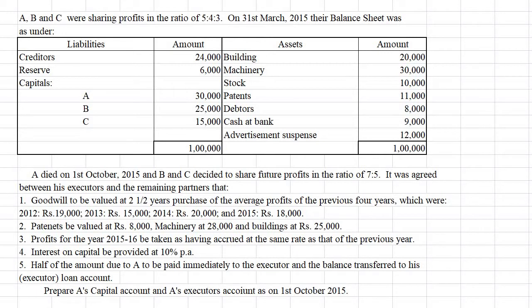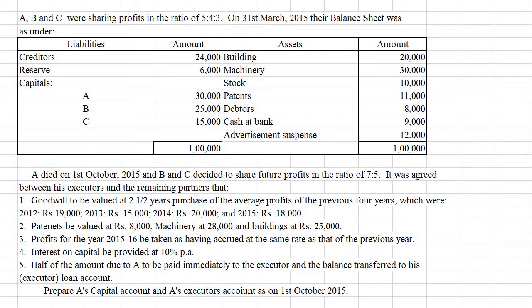Then profit for the year 2015-16 be taken as having accrued at the same rate as that of the previous year. That means 2015-16 profit will be the same as last year's profit. Last year's profit we have 18,000 rupees, along with the 4 years profit. Then interest on capital to be provided at 10% per annum.